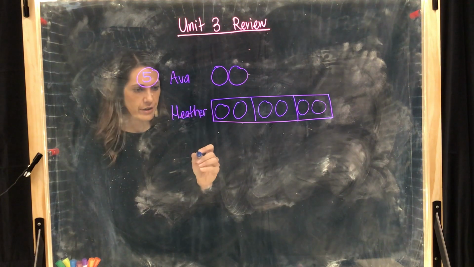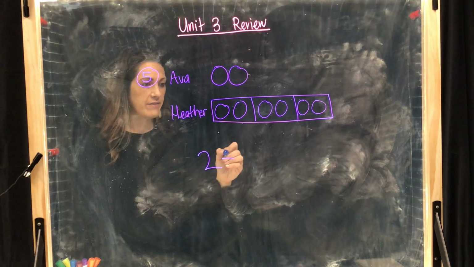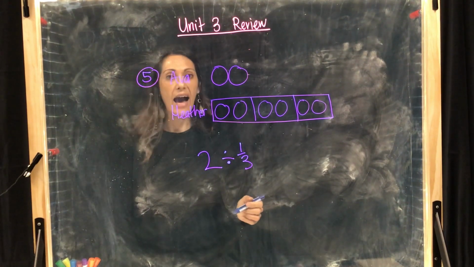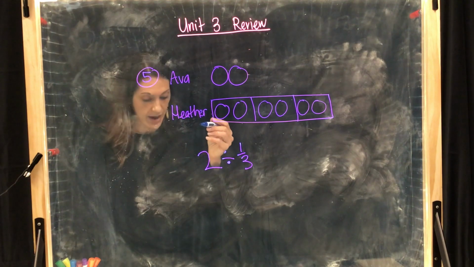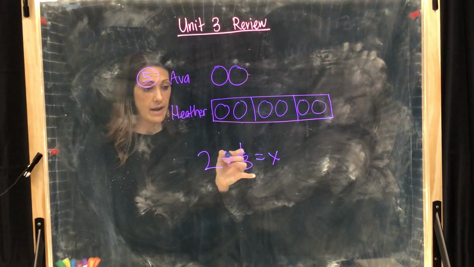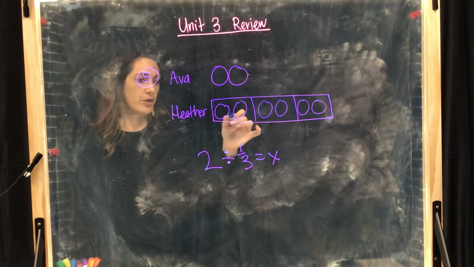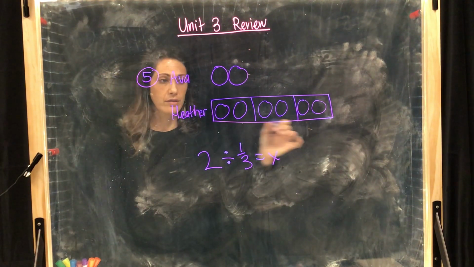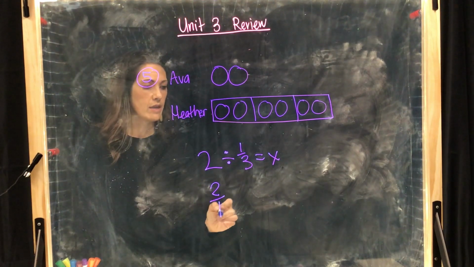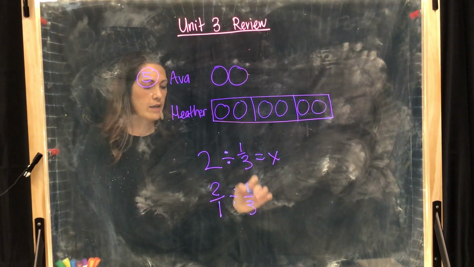So I took the 2 frogs that Ava had, and I divided them into thirds to see how many Heather has, okay? Now that I'm dividing a fraction, remember, I took the 2, and then I cut them into thirds. Now I'm going to see how many Heather has. I'm going to first make this both a numerator and a denominator.